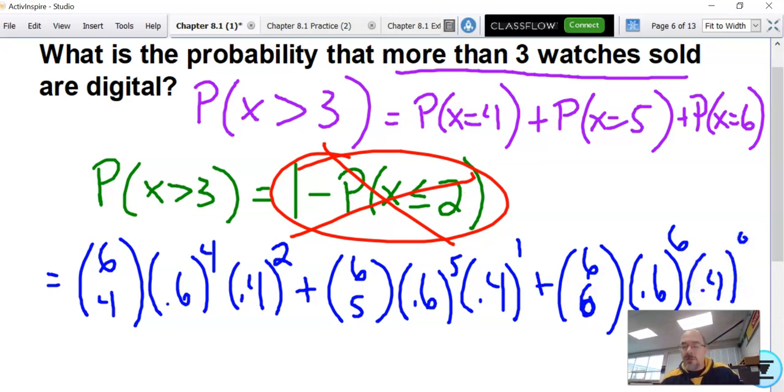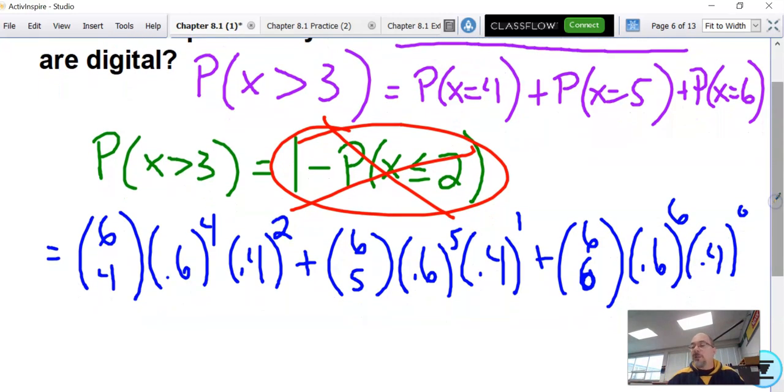I was ahead of myself there. So again, I apologize for setting that up. You can't do the complement there because the 3 was not included with that first one.